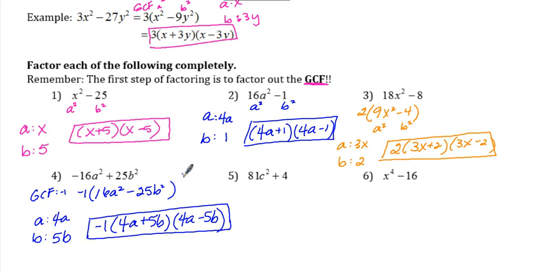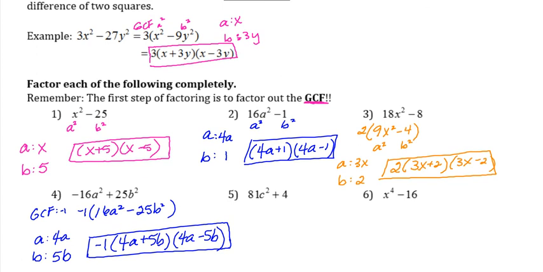Number 5, I'll give you a minute to think about number 5. First think, is there a greatest common factor to pull out? No, there's no greatest common factor. What would we do with this problem? If you notice, this is a sum of squares. You definitely have something perfectly squared here, and you definitely have something perfectly squared here. But it is not a difference of squares, it is a sum of squares.